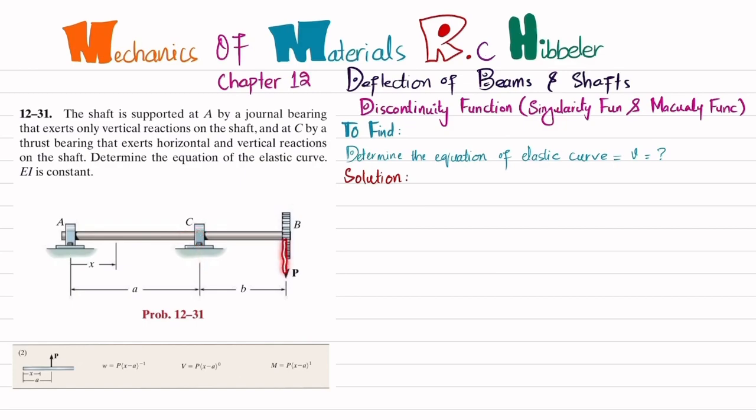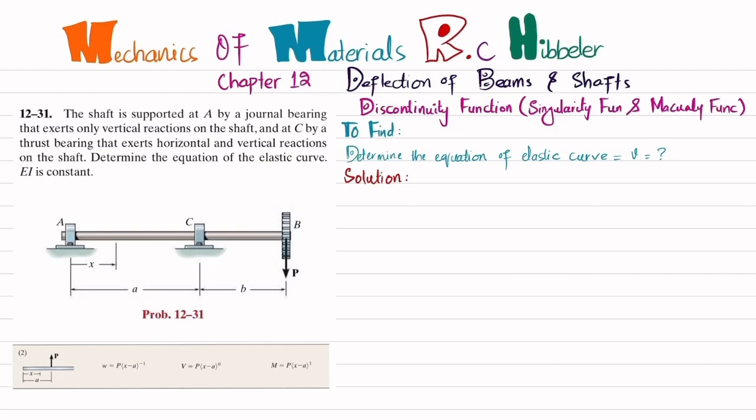So P load is applied at point B, so you have to determine the equation of elastic curve, which means that you have to find the equation of deflection for this beam. So let's start with the solution. We will solve this by using discontinuity functions, which include singularity functions and Macaulay functions, and you know them very well. So let's start the solution.